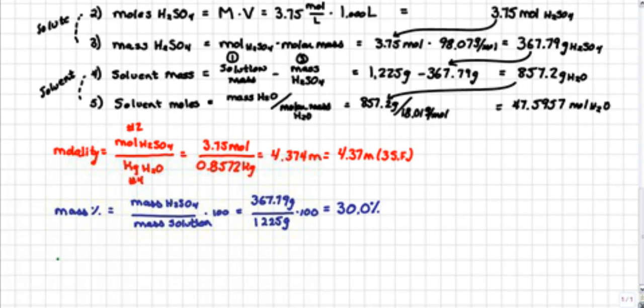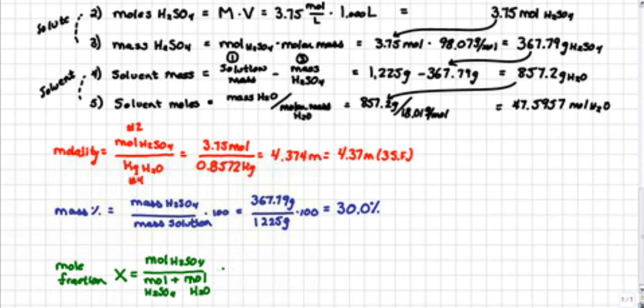The only thing that we need to look at next is the mole fraction. And the mole fraction is calculated by taking the ratio of the moles of sulfuric acid and dividing by the moles of sulfuric acid in combination with the moles of water. All right? And so we've got numbers for all of these.